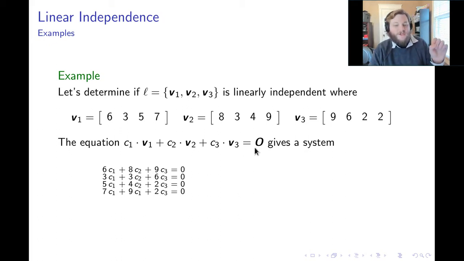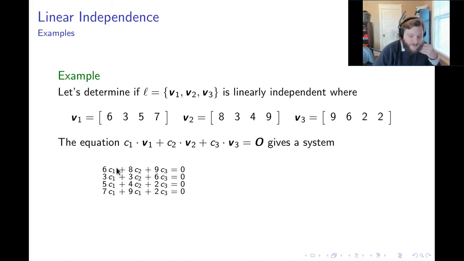You are interested in whether or not it's possible to achieve this equality using anything other than all of the c's equaling 0. And now the thing to notice is that by setting up this vector equation where the variables are c1, c2, and c3, we're actually defining a system of equations.